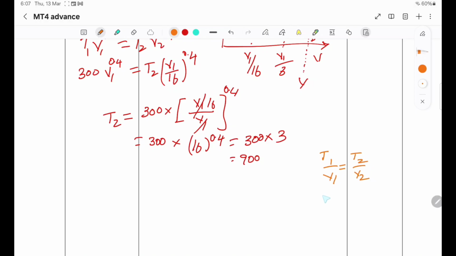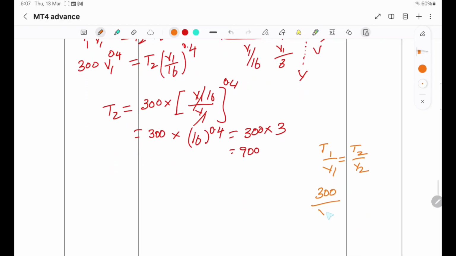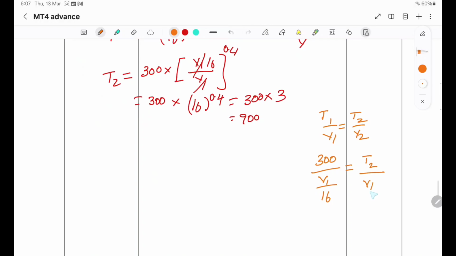The first temperature is 300 Kelvin divided by V1/16, which is equal to T2, which we do not know, divided by V1/8.